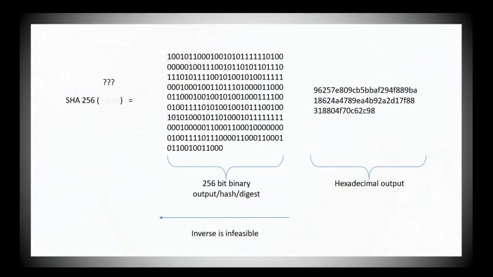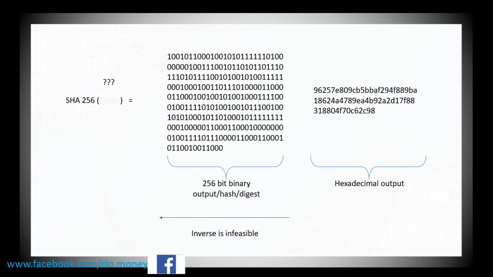So just to illustrate what I was talking about, if I said to you that here is a binary or hexadecimal output, and I asked you to determine what this input needs to be that you put into SHA-256 to create this output, there is no formula or algorithm that you can use to do that.